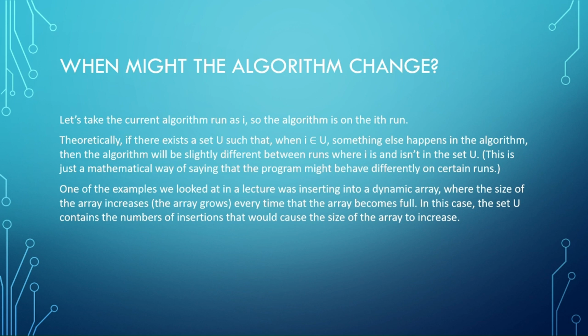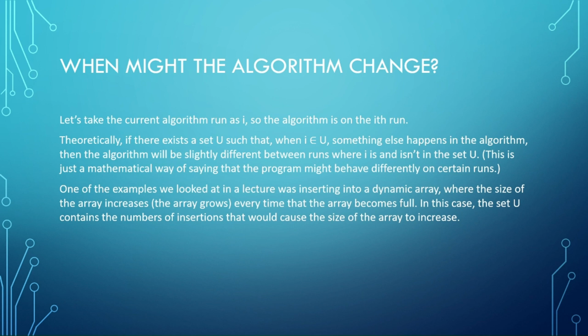So one of the examples we looked at in a lecture was inserting into a dynamic array. A dynamic array can increase in size when it's full. So we say that the array grows every time the array becomes full. In this case, the set U contains the numbers of insertions that would cause the size of the array to increase.